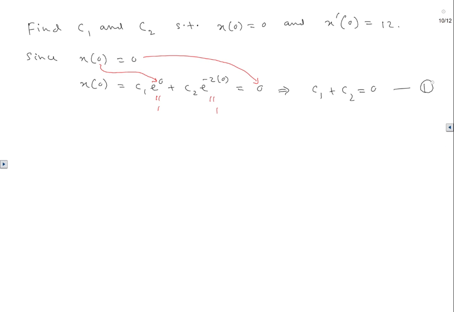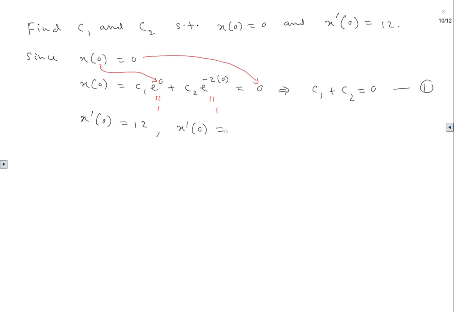Okay. And then do the same thing. We also have x prime 0 equal 12. So go to the prime, so derivative, and plug in 0.